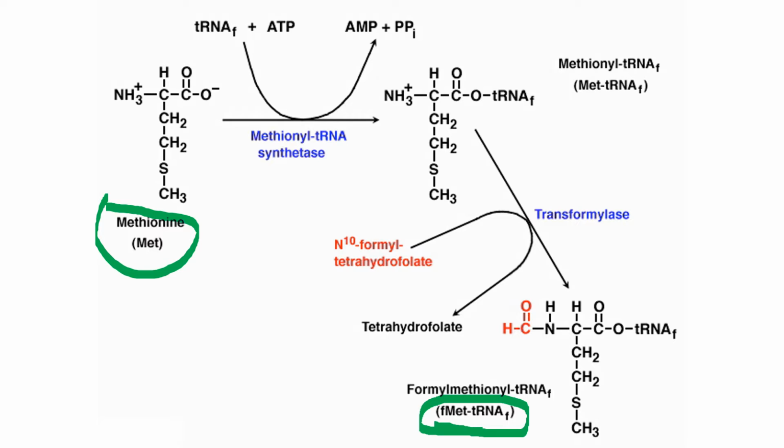The methionine tRNA is formed by a specific methionine tRNA synthetase, which is right here. And in the second part of the reaction, a formyl group with 1 carbon is added to the alpha amino group of the methionine residue, and here's where that occurs, by transformylase enzyme.